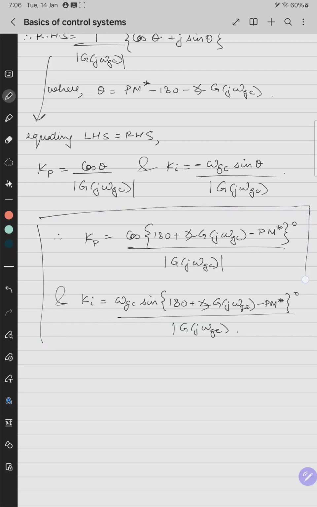This is how you tune Kp and Ki for a generic plant.